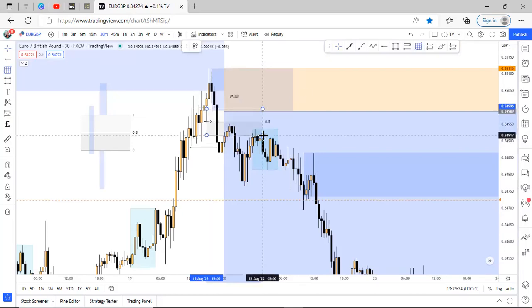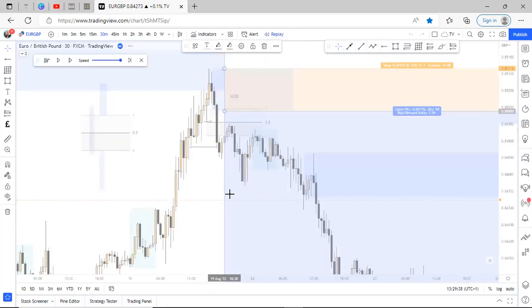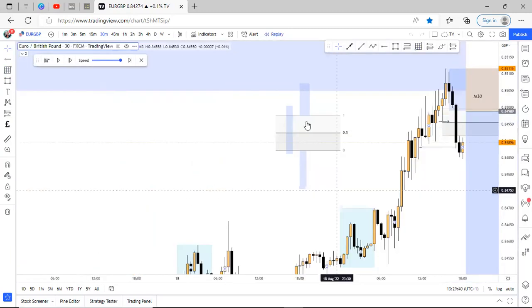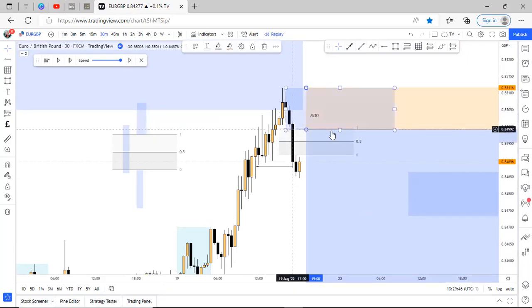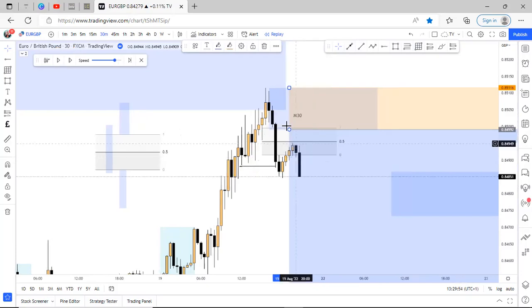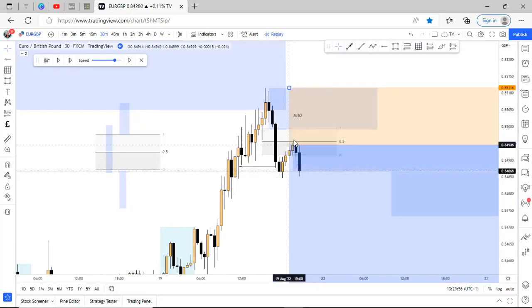So at this point in time, let me cut. Yeah, so as you can see, I was waiting at this space for price to come into this space, but as you can see from price movement, price tapped the 50%. You can see price used the 50% of this imbalance right here.